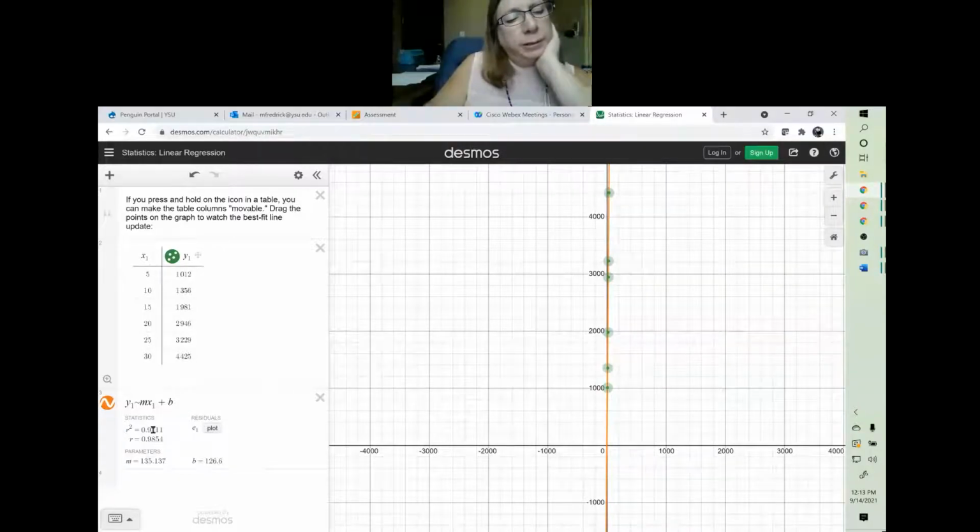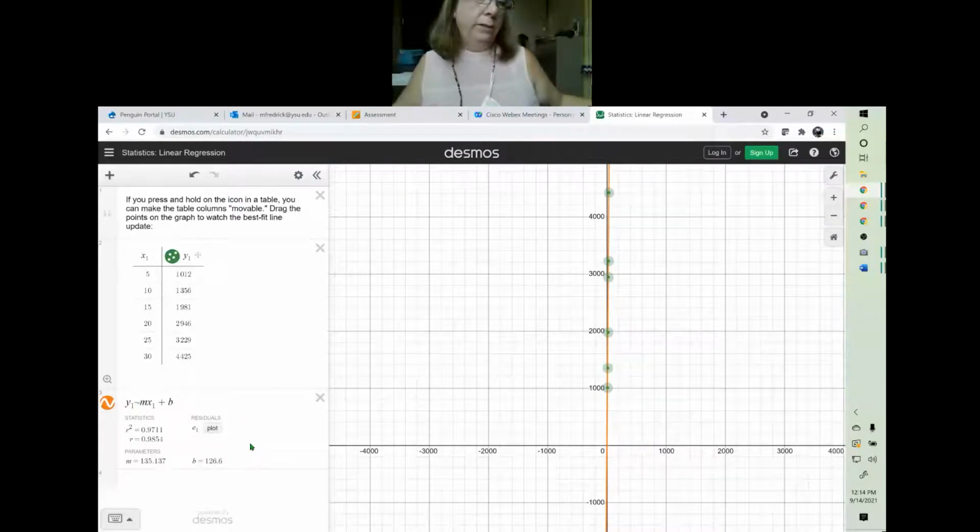To find your R squared, it's right here. To find your equation, y equals 135x plus 127, or 126.6. But you can find the equation right here. So any questions on that?